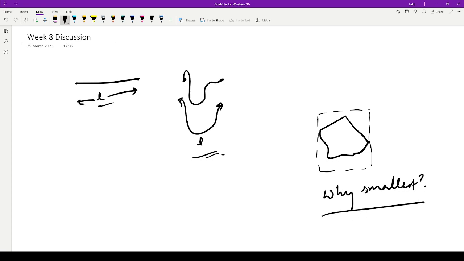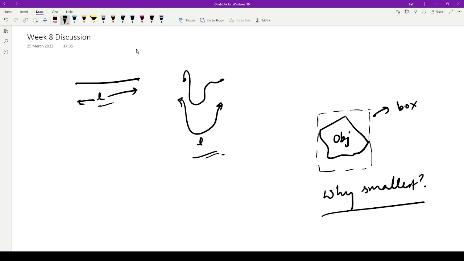Any idea? The object out here, and this is some box out there.